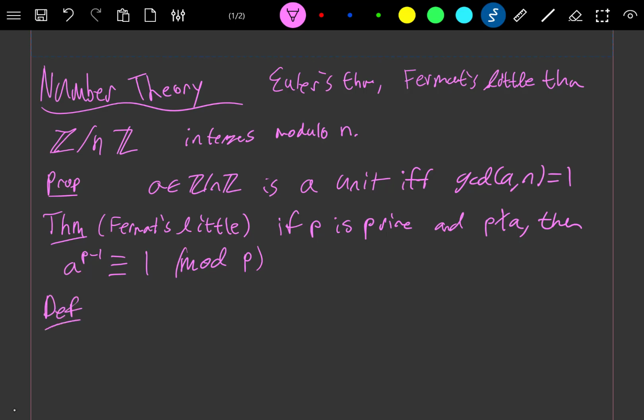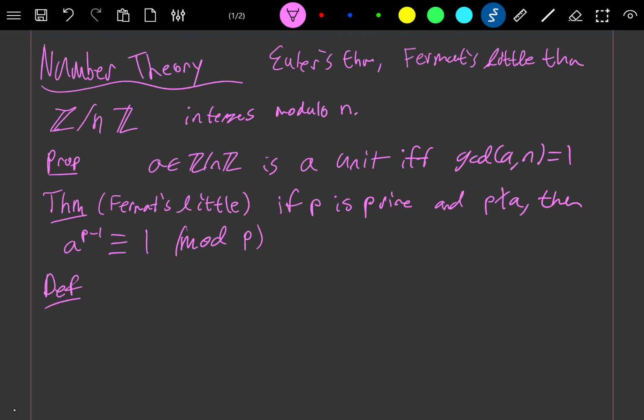And now, to state Euler's theorem, I have to define the so-called Euler totient function. It is a function from the natural numbers to the natural numbers.